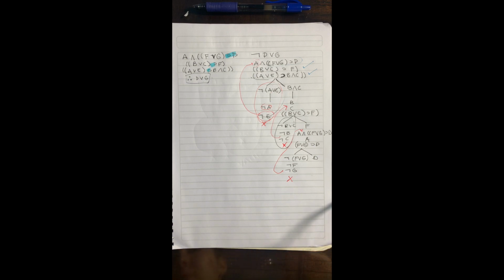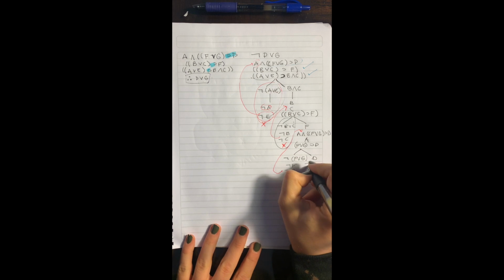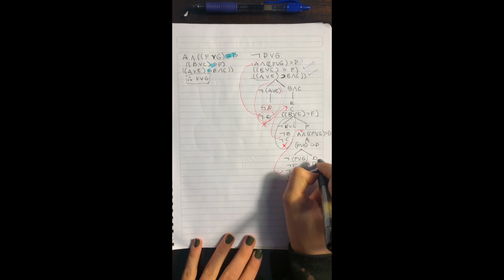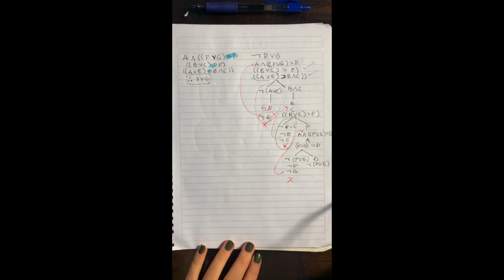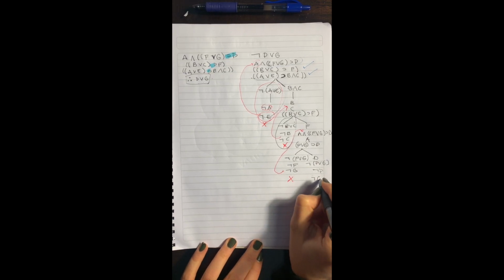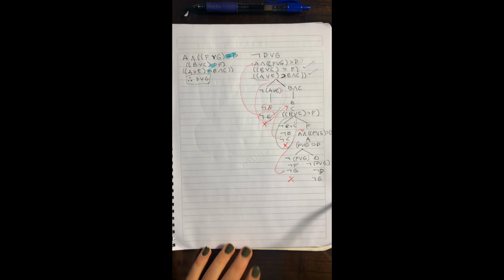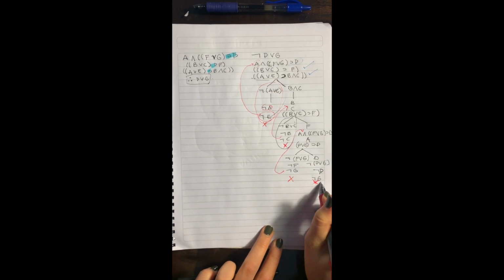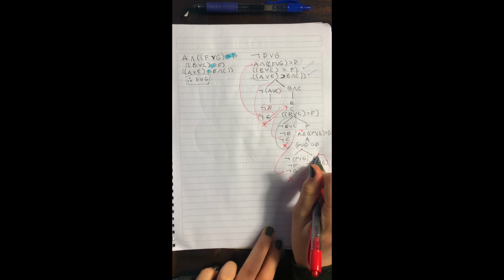And D will be not G, not D and G, not D and not G. And here it closes because of here.